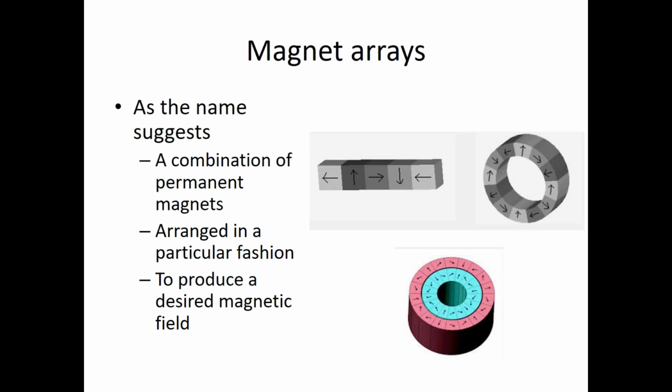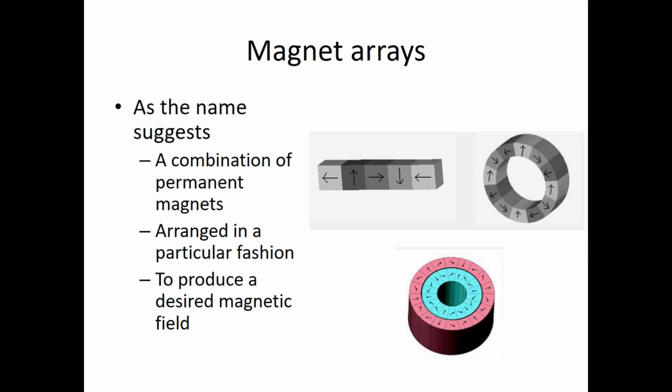Now let us start with what a magnet array is. As the name suggests, a magnet array is nothing but a combination of permanent magnets. They are arranged in a very particular fashion, and they are done so to produce a magnetic field that cannot be produced by any one particular magnet, either a permanent magnet or an electromagnet.